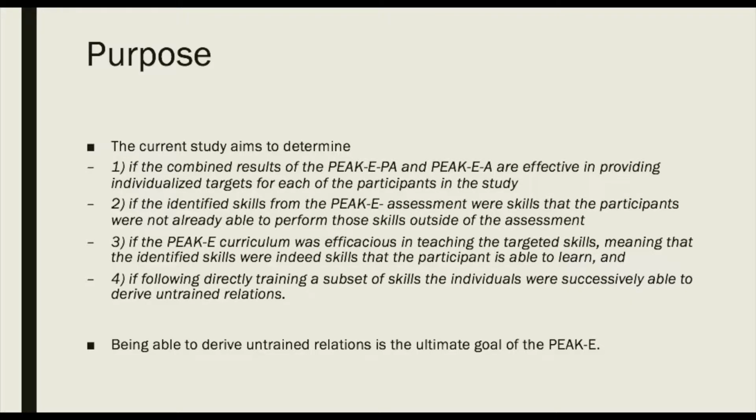The current study aims to determine, one, if the combined results of the PEAK pre-assessment and the PEAK assessment are effective in providing individualized targets for each of the participants in the study; two, if the identified skills from the PEAK-E assessment were skills that the participants were not already able to perform outside of the assessment; three, if the PEAK-E curriculum was effective in teaching the targeted skills, meaning that the identified skills were indeed skills that the participant is able to learn; and four, if following directly training a subset of skills, the individuals were successfully able to derive untrained relations.